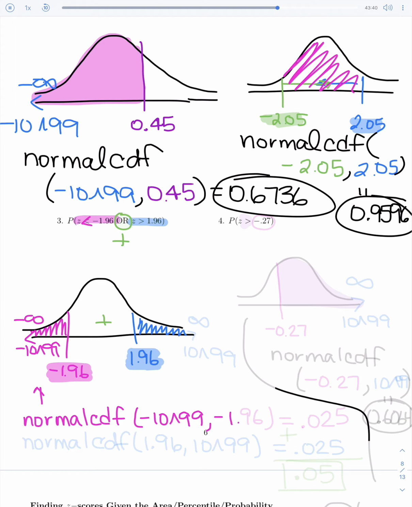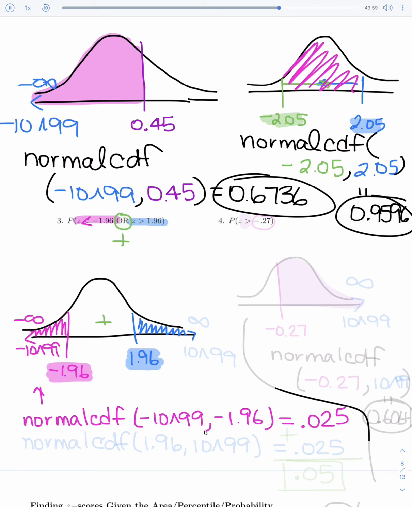And we'll stop it at negative 1.96. And we'll see what just that end of area ends up being. And what you end up getting is 0.025.